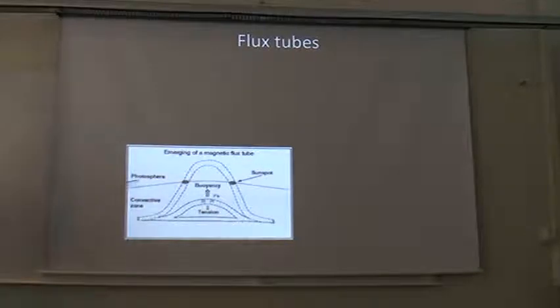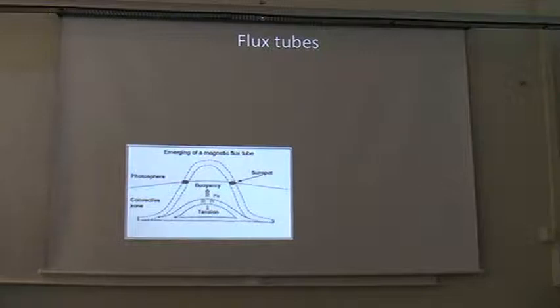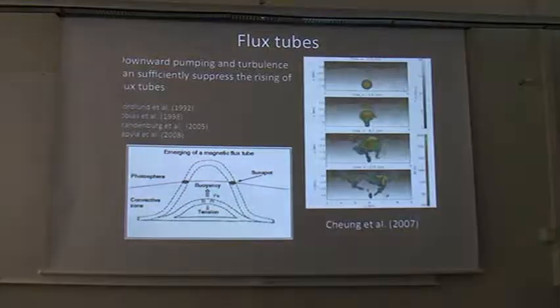One of the main models to explain sunspots is that you have a flux tube forming at the tachocline, at the bottom of the convection zone, and it will rise up to the surface. And when it goes through the photosphere, you get two sunspots with opposite sign.